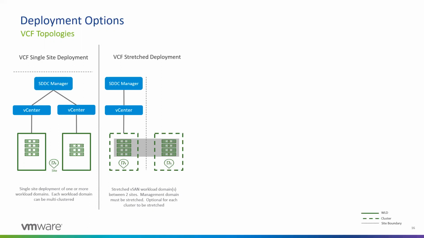I've got customers who are doing it across different locations or even in the same location, across different server rooms. I've got customers who have only one location, one building, and they do the stretch cluster between data centers, or server rooms I should say, on the ground floor and the first floor. Why not?